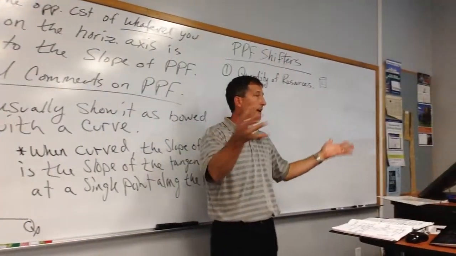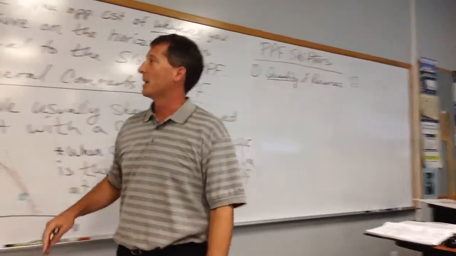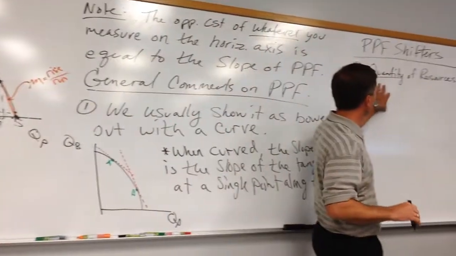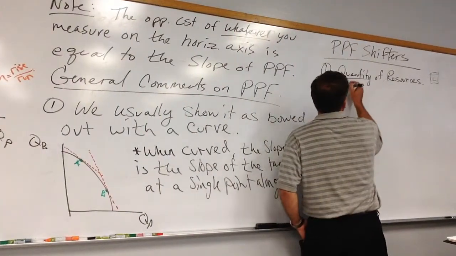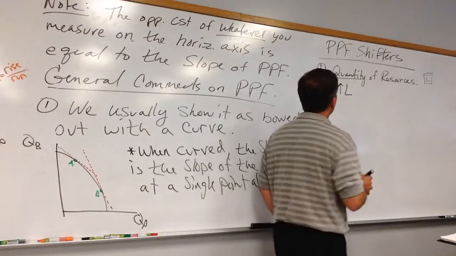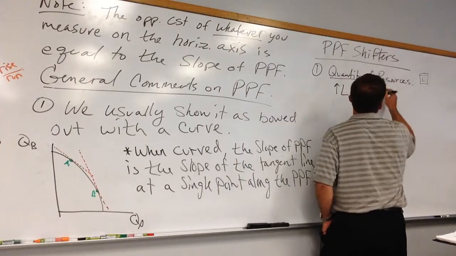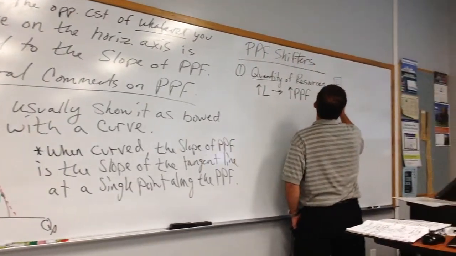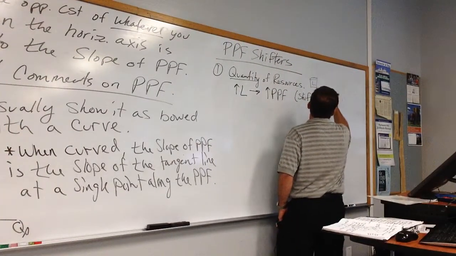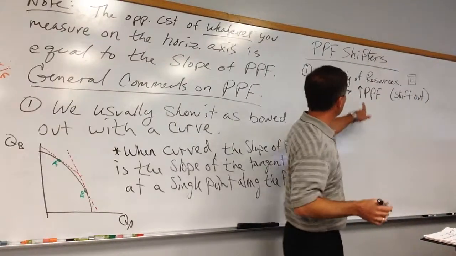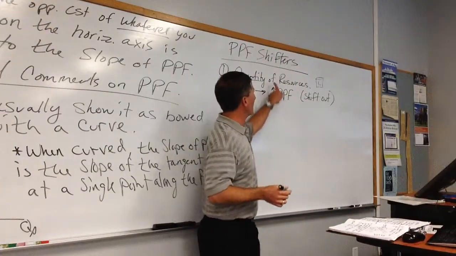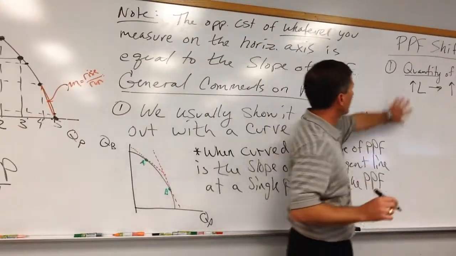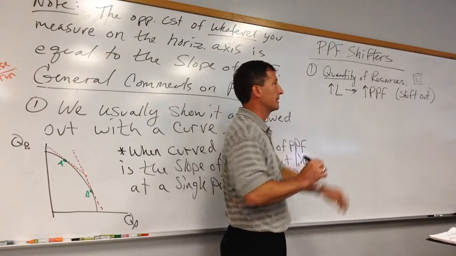And that's a good thing, to figure out ways to have more final goods and services by using those things efficiently. So an increase in labor, for instance, leads to an increase in the production possibilities frontier, a shift outward. So this notation, when I have an up arrow, is shifting outward for the production possibilities frontier. And this is an increase in labor leading to that.